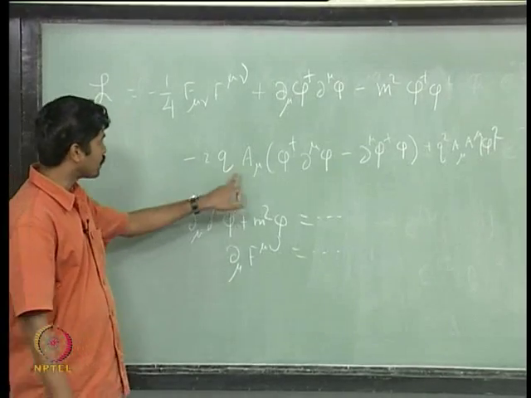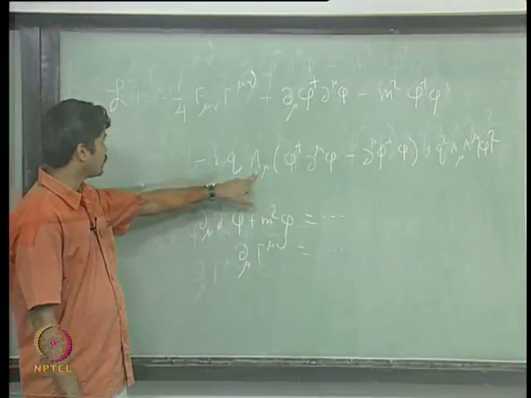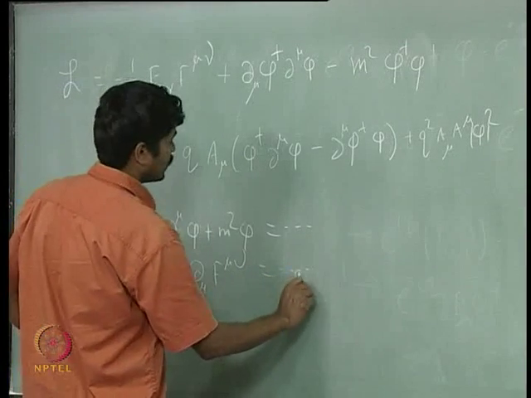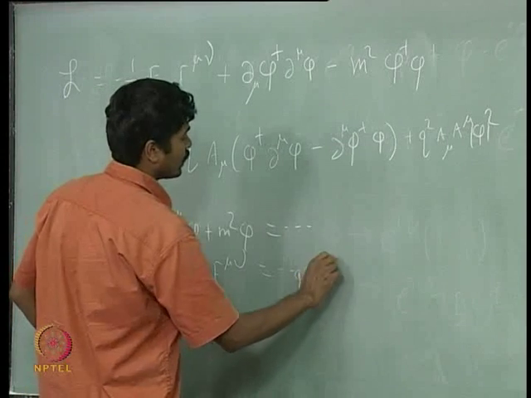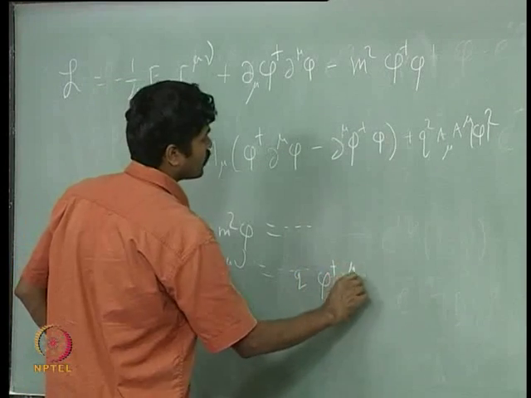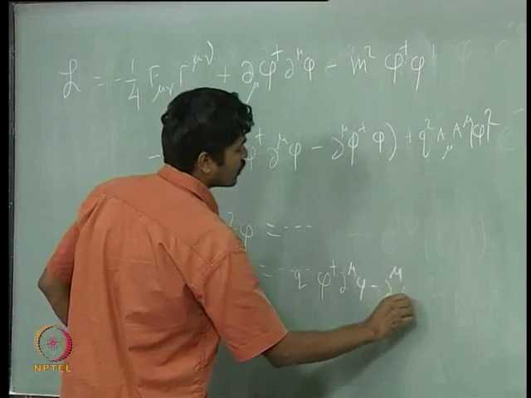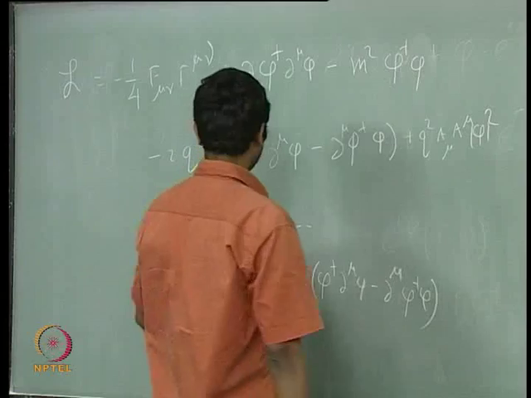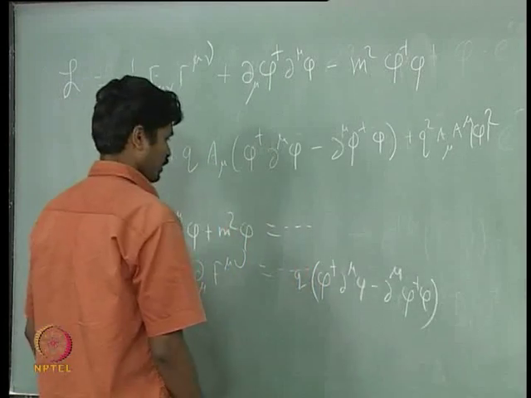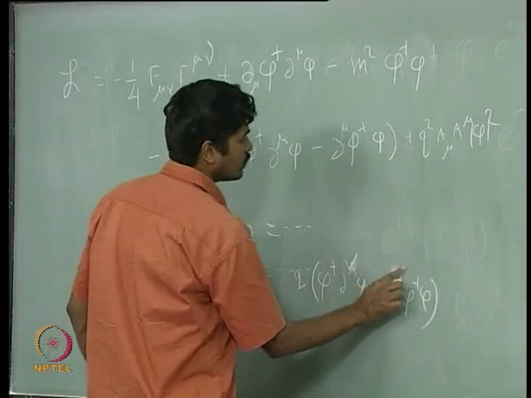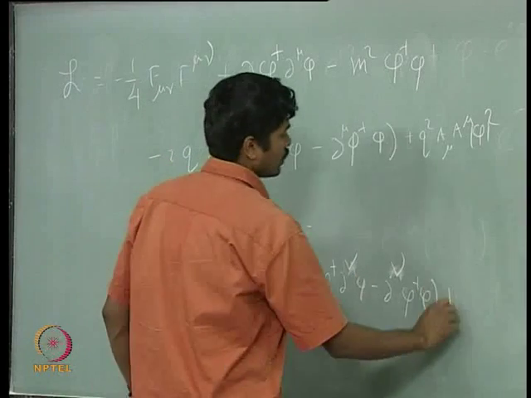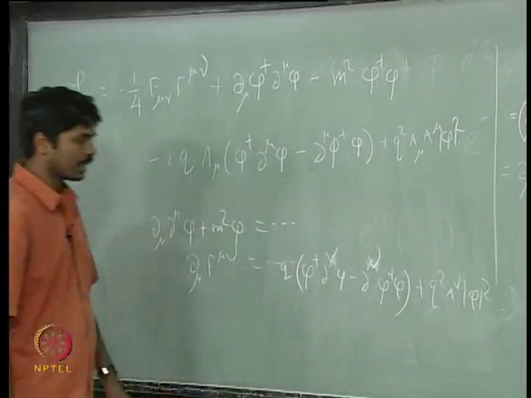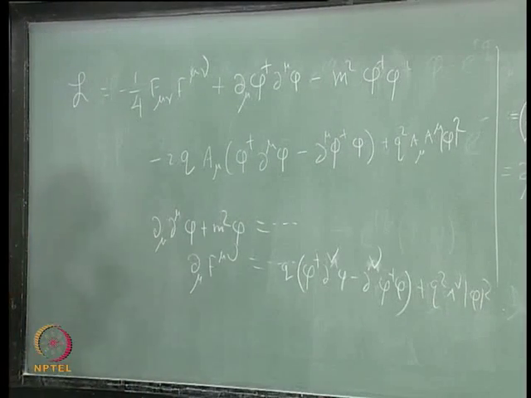For example, if you look at the vector field equation, here you will get something like i q times (φ* ∂^ν φ minus ∂^ν φ† φ), and then you will get q² A^ν |φ|², terms like that.